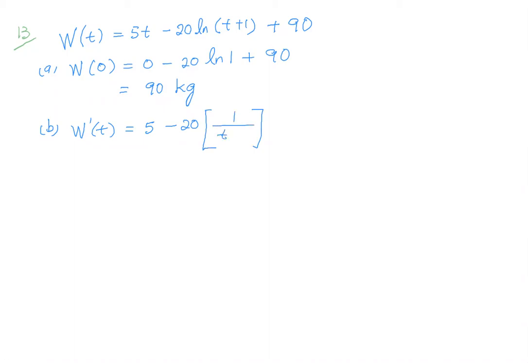Yes, you are right. So the next step, what you need to do? You have to put this equal to zero first. Now you solve for t first. So you bring the whole thing to the other side.